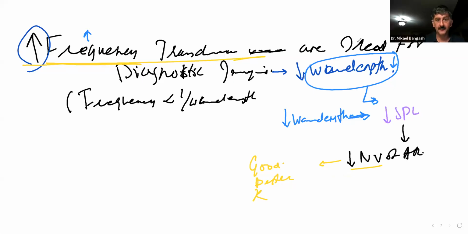Did that make sense? But based on that, we can mainly say that a higher frequency transducer is ideal for diagnostic imaging. Why? Because the higher the frequency, the shorter the wavelength. The shorter the wavelength, the shorter your spatial pulse length.